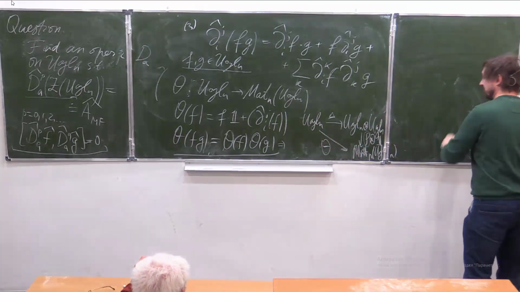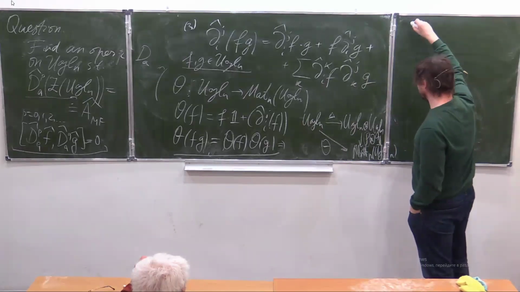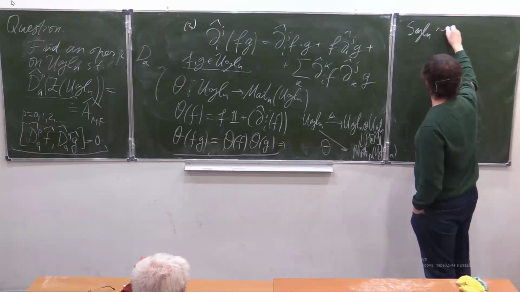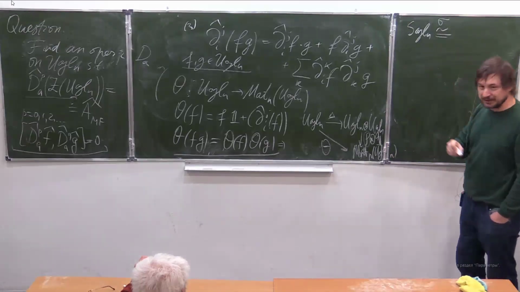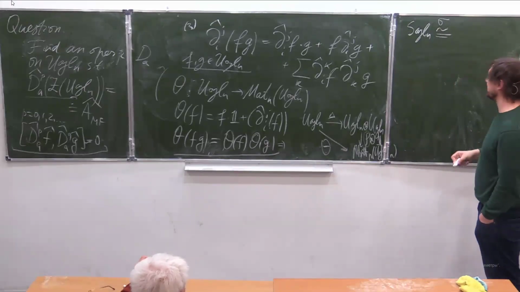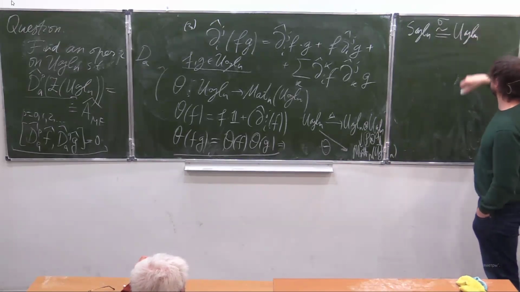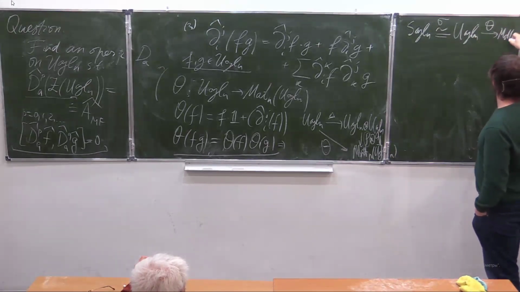So you take S(gl_N) and you use desymmetrization, the inverse of that symmetrization map, which I had on that part of the blackboard, to identify it with U(gl_N). Then you use this theta map here, end up in matrices over U(gl_N), and then you desymmetrize again.